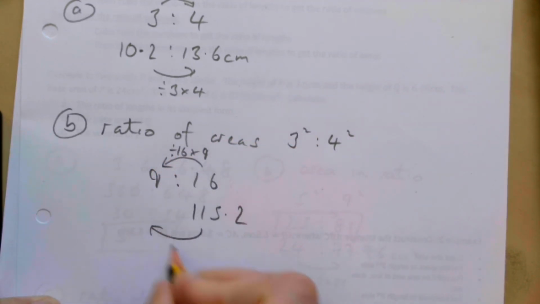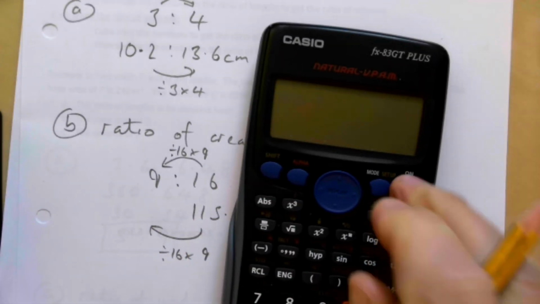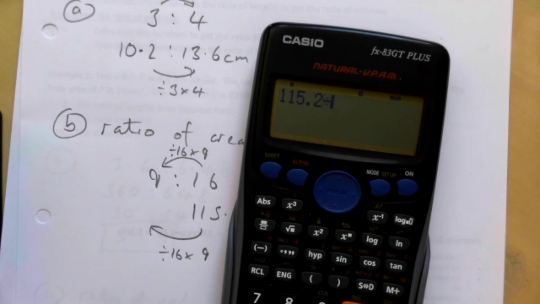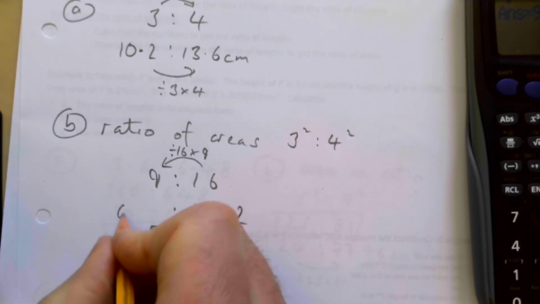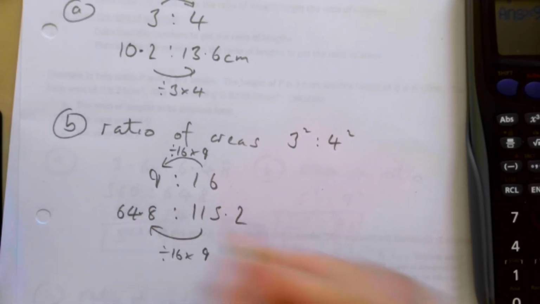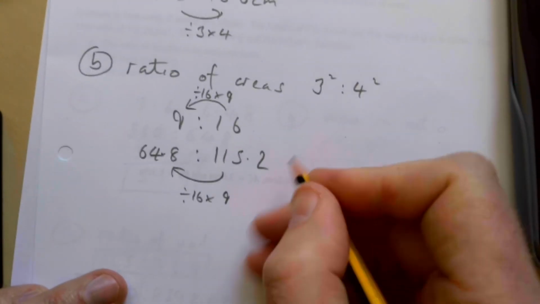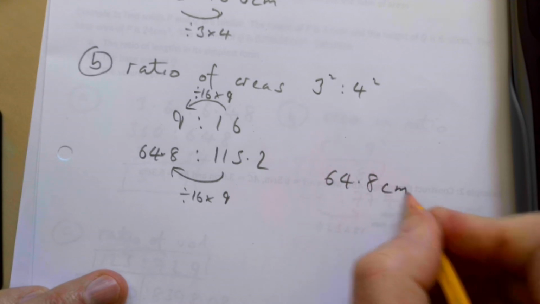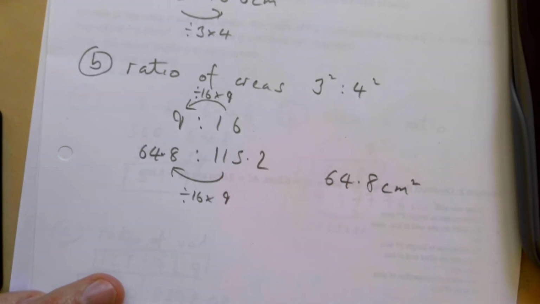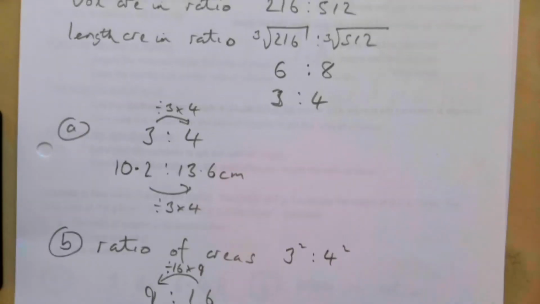So we're going to do the same here. Divide by 16 times by 9, and we end up with 64.8. So the answer is 64.8, and that is centimetres squared. Alright.